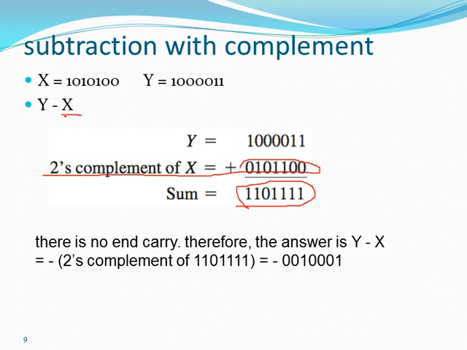Remember, when we expect a negative result, the value you get here is 2's complement of the difference. So we need to find the 2's complement again, and then we put a negative sign. So this is how we get the result of a subtraction from adding radix complements.